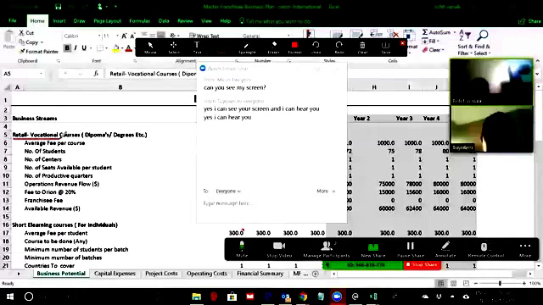Now if you see over here, these are the various streams of revenue. Retail we have, in which the students come to the center and they study at the center. Then we have this stream, which is the short e-learning courses.